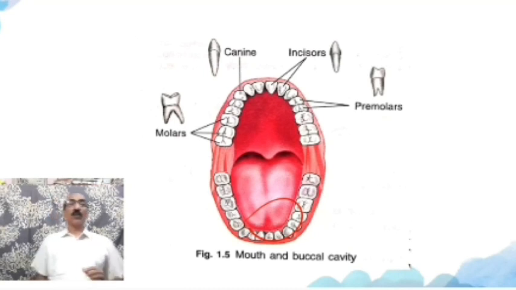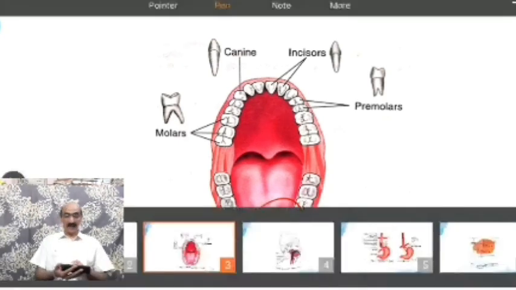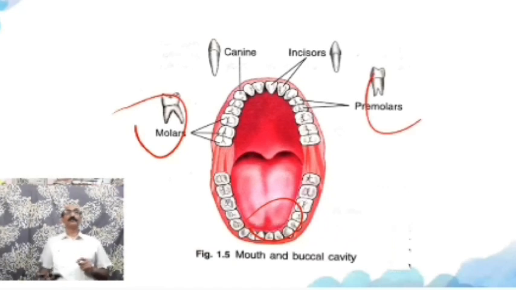In the upper and lower jaws, there are specially arranged teeth, called dentition, having 32 teeth in an adult, that are of two types, milk teeth and permanent teeth. In permanent teeth, there are 4 different types of teeth, that is incisor, canine, premolar and molar.